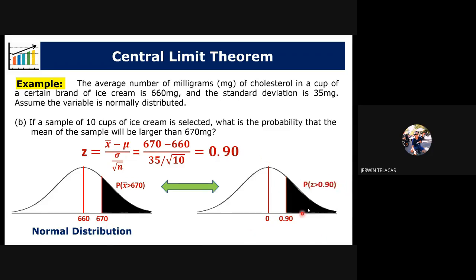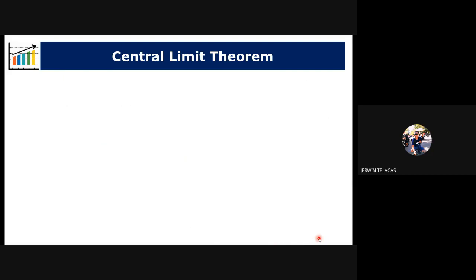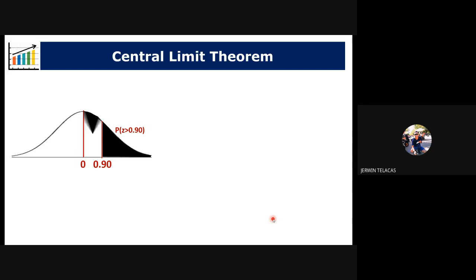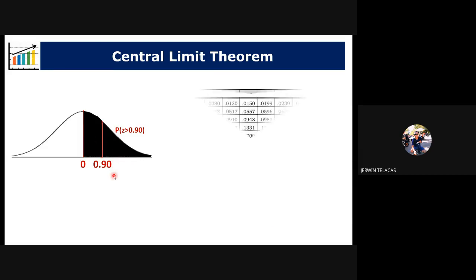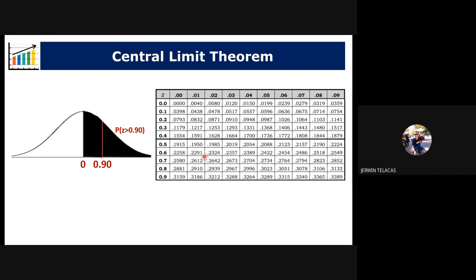In symbol, we have P of Z is greater than 0.90. So this is the area, the standard normal distribution. Again, same process. We look for the area at the right of 0.90 using our Z table. Now, we need to find the area between 0 and 0.90.